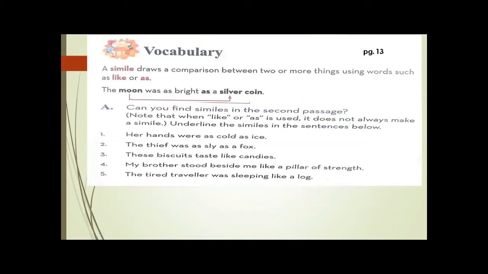So here we found the simile as strong as an ox. Can you find it on page number 12, second para, third line? Yes, as strong as an ox. So here the writer is comparing the strength of the father to that of the ox.